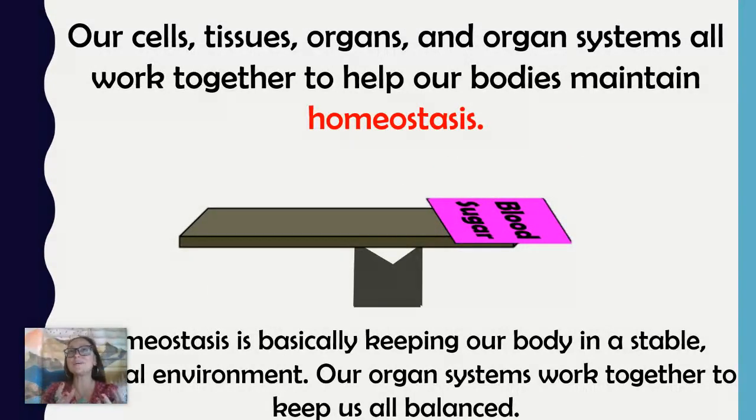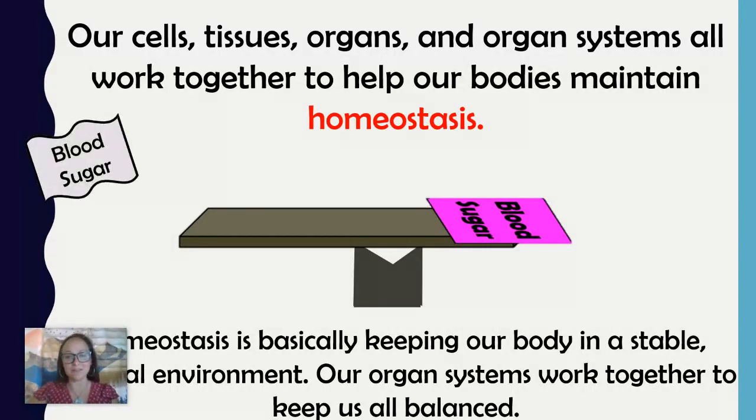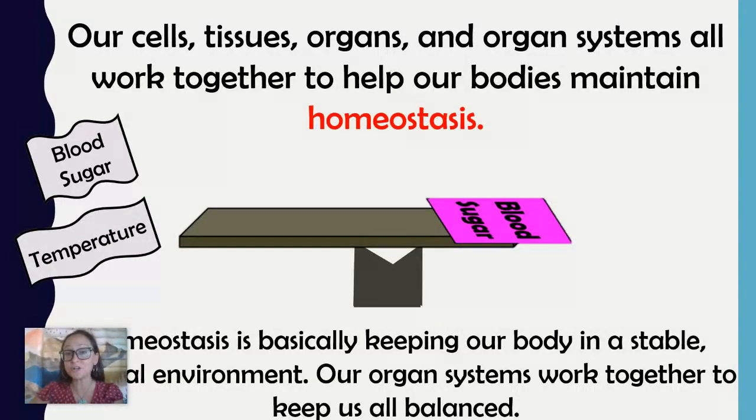So when we think about things inside of us that we try to keep balanced, blood sugar is one of them. We try to maintain a constant blood sugar as well as a constant temperature. As humans, we are 37 degrees Celsius or 98.6 degrees Fahrenheit. When it's really hot outside, our body sweats, we get a little tired, a little lazy.